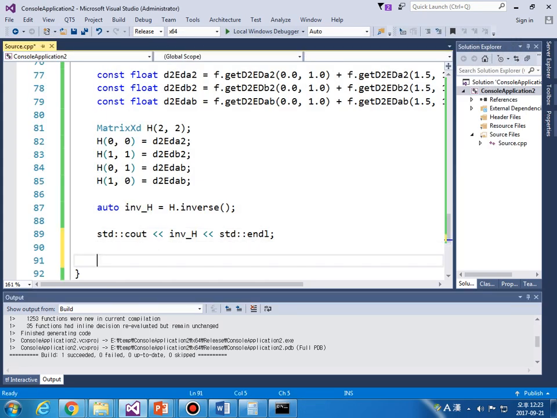So auto delta A and B. Actually, this is a column matrix.